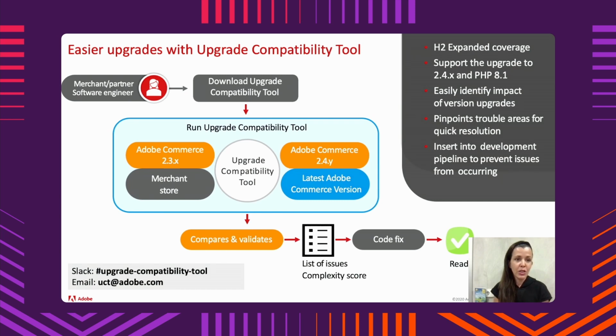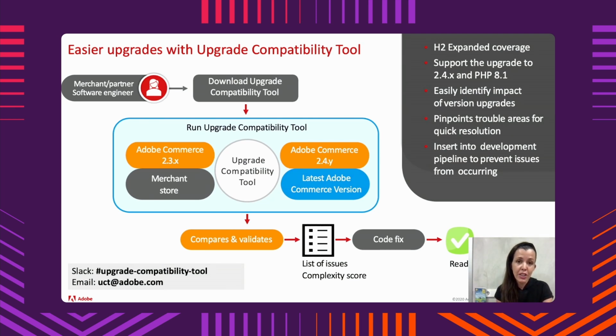So let's talk a little bit about the upgrade compatibility tool. While the ability to easily extend and customize Adobe Commerce is a unique differentiator, and the majority of our merchants find huge value in it, it does make the upgrade process more complex. So in our continuous effort to make upgrades of customized instances easier, we are increasing the coverage of the upgrade compatibility tool.